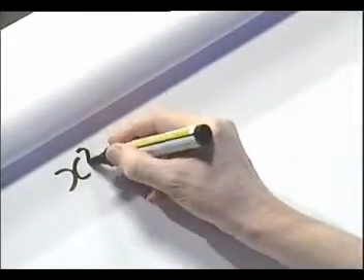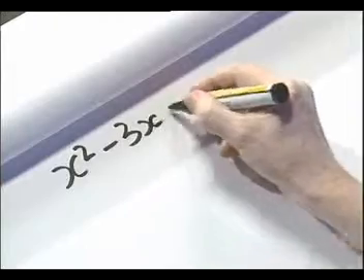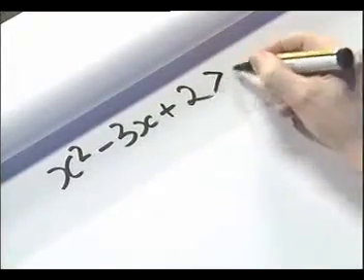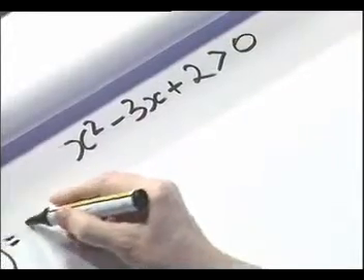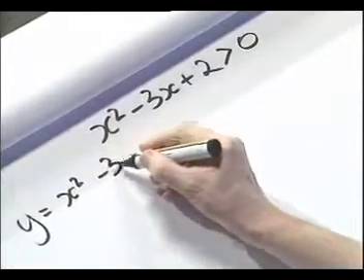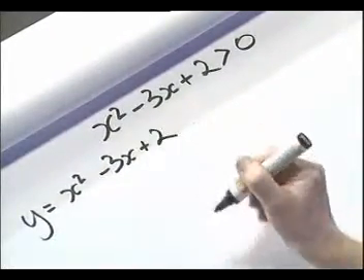Quadratic inequalities can also be solved graphically. Let's solve x squared minus 3x plus 2 is greater than 0. As with the linear inequalities, we have to plot the graph of y equals x squared minus 3x plus 2.